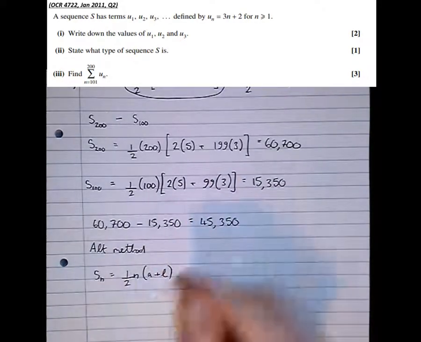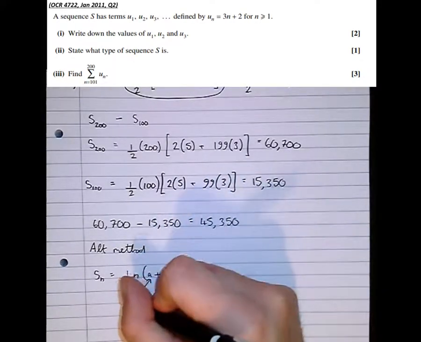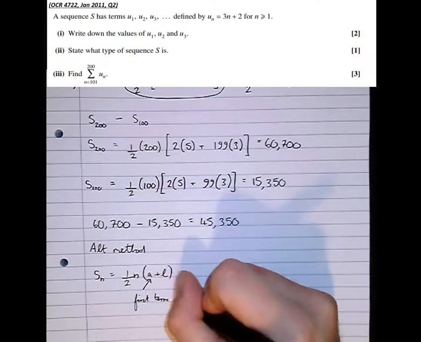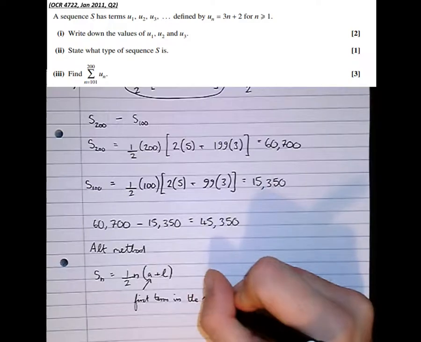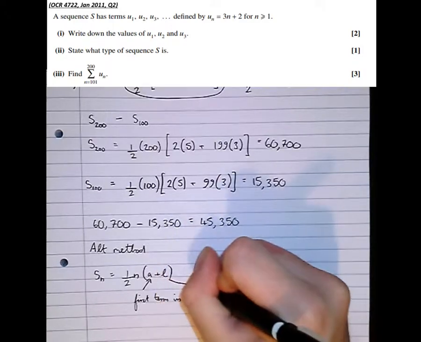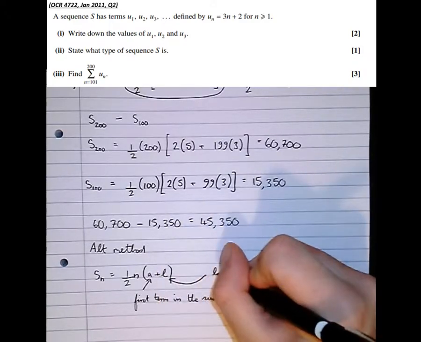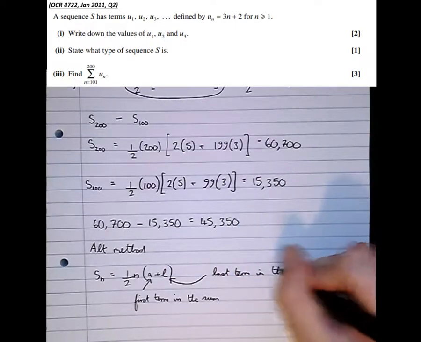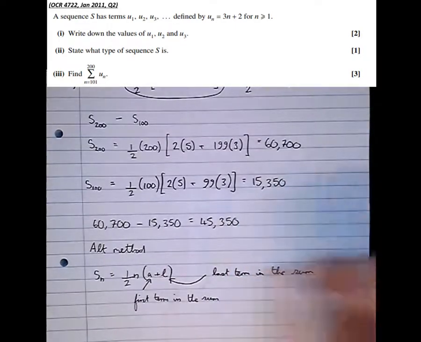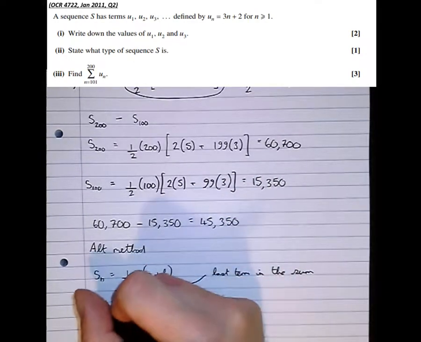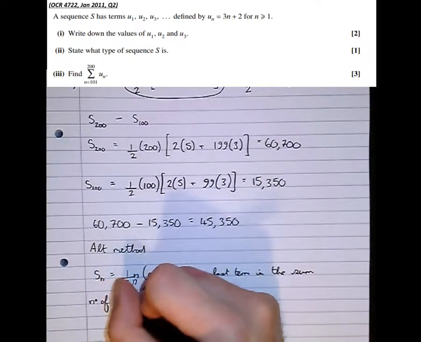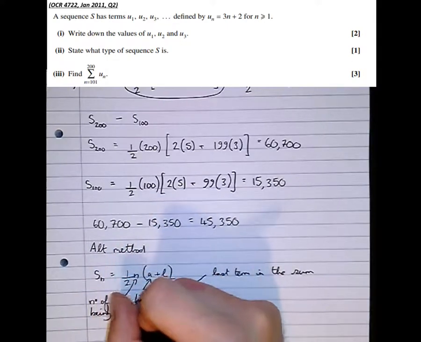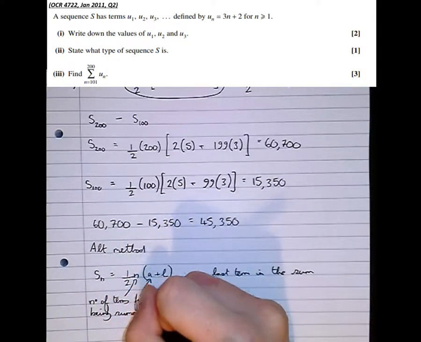Right, so in this case a means something different. a is the first term in the sum. l is the last term in the sum. And n is the number of terms being summed.